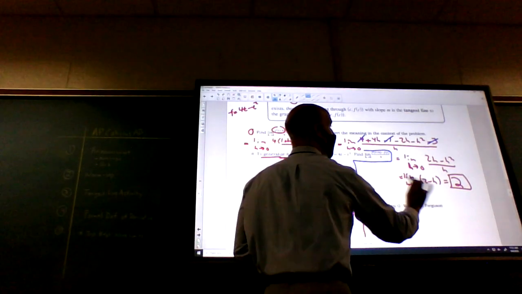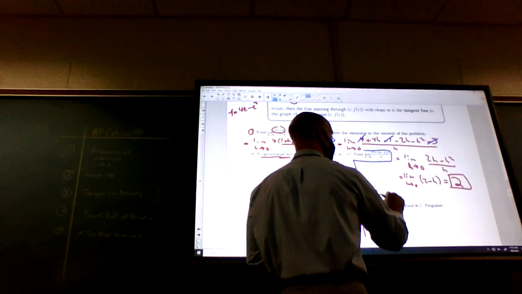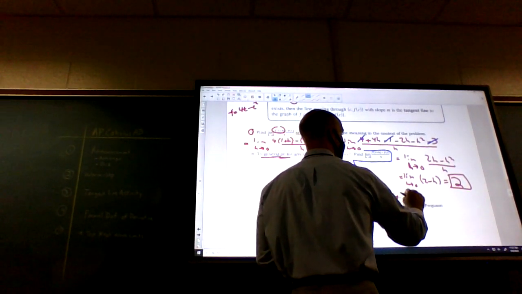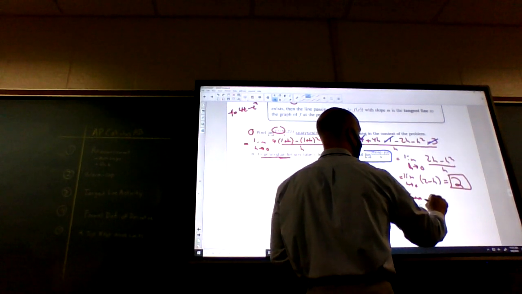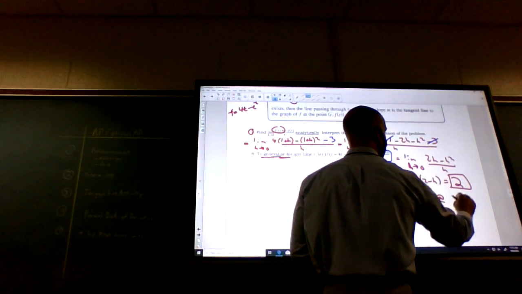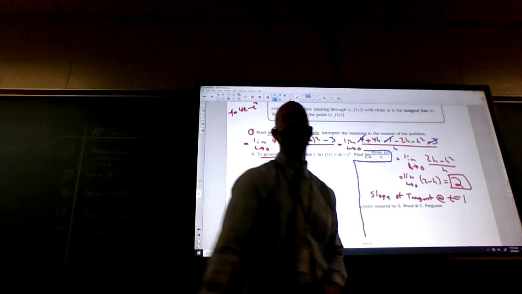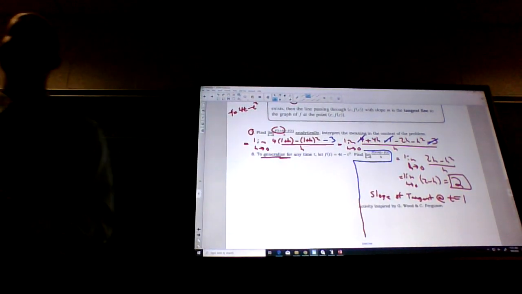This, by the way, let me write this down. This is the slope. You should probably have this. This is the slope of the tangent line at t equals 1. That's what that is.